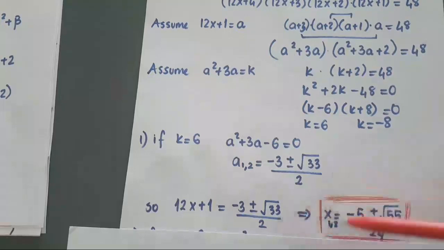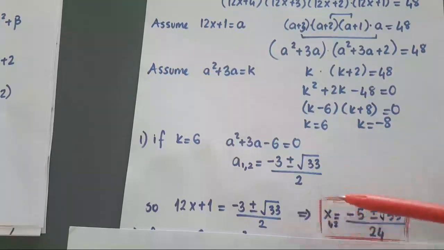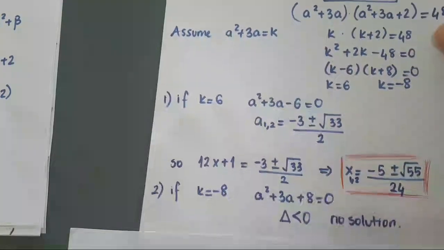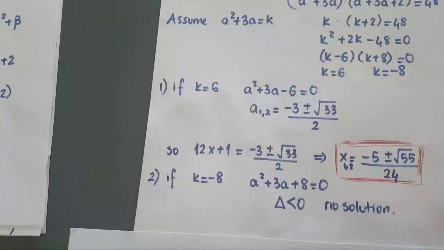I didn't write all the steps, but after a couple of steps, you will get x1 and x2. You will get two roots from the first case, negative 5 plus or minus root 55 over 24. What about the second case? The second case, k is equal to negative 8. If k is equal to negative 8, a squared plus 3a plus 8 is equal to 0.